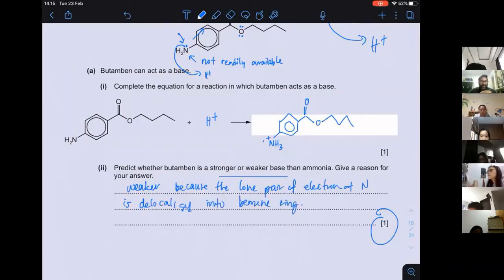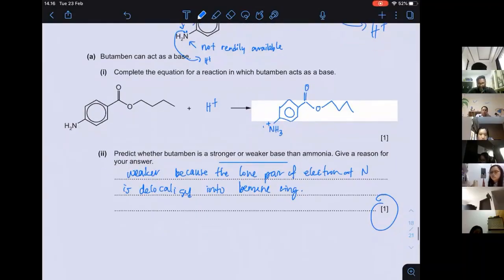But I think it's not so clear over here. So I think the best way is to say the lone pair on nitrogen becomes delocalized into the benzene ring, making the lone pair less available for bonding with a proton, compared to ammonia. That's going to be 1 mark.